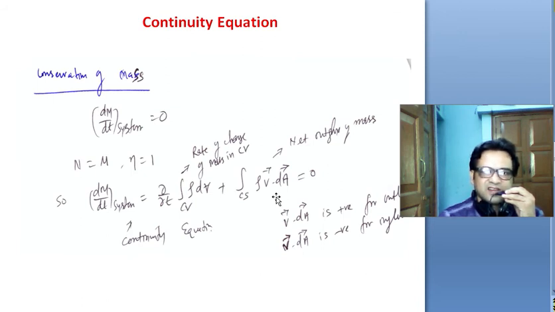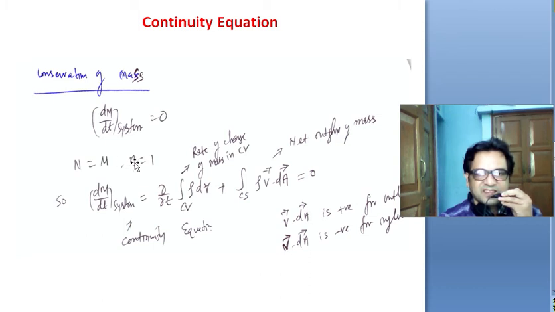It is also known as conservation of mass. So for a system, m is the total mass, and for a system the total mass remains constant as per the definition of a system. So the rate of change of mass for a system is 0. So your capital N is m and eta equal to 1.